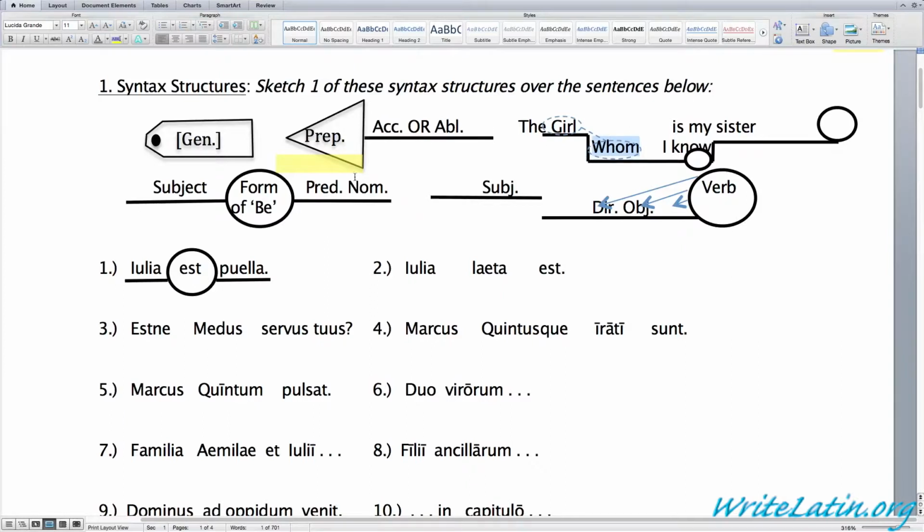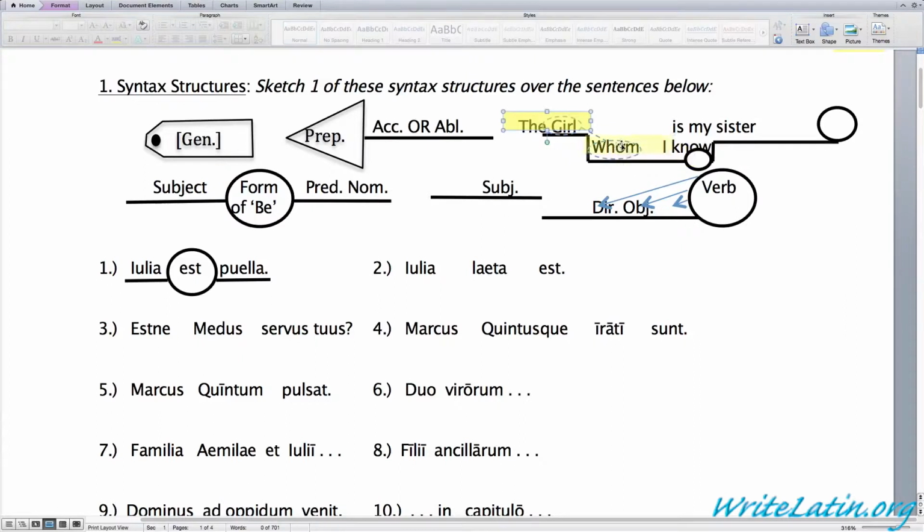Well, the first thing that it does is it refers back up to its antecedent, which is the word right before it. In this case, the girl. It tells more about her. It talks about her. So when you ask whom is the word whom talking about, it's talking about the girl, because it's referring to her. So that's one of the things that a relative pronoun does: it points back or links back to the word right before it, almost like an adjective.